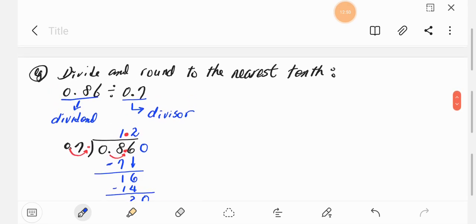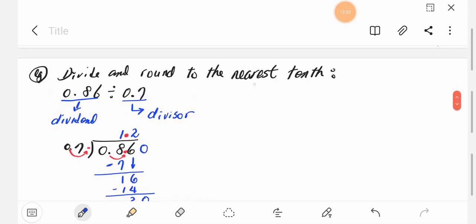Look at this. We want to round it to the nearest tenth. Nearest tenth means, if you have 1.2 something, we have to check whether we can increase the tenths digit by 1 or leave it. It depends on the next digit, the hundredths digit.